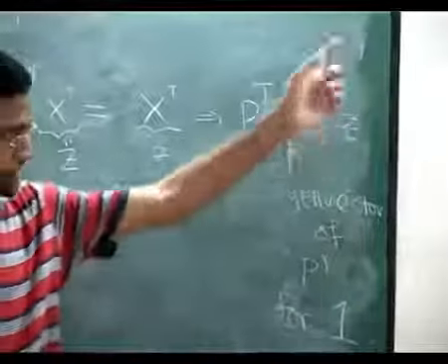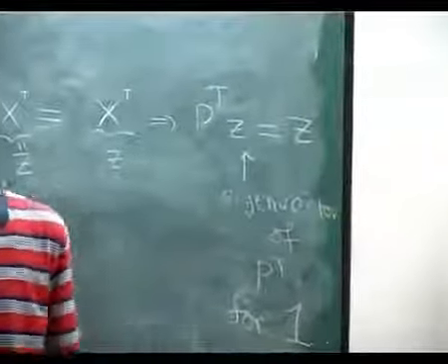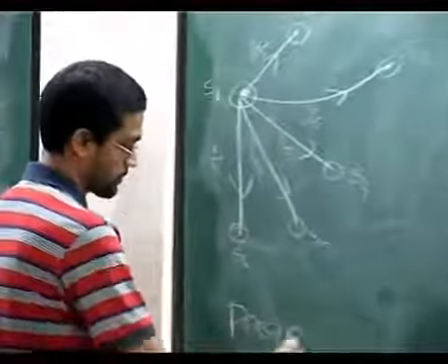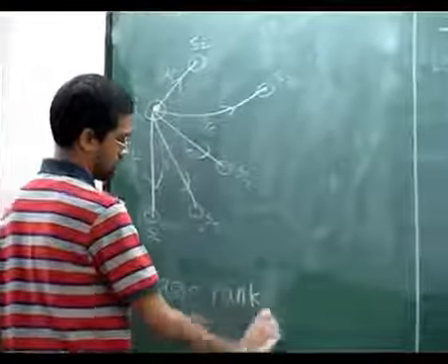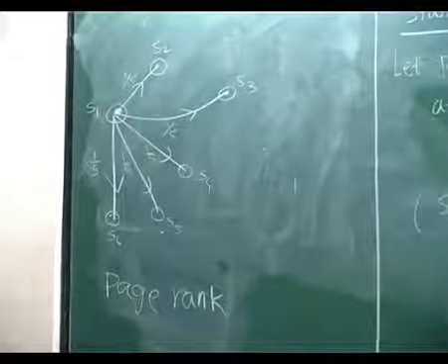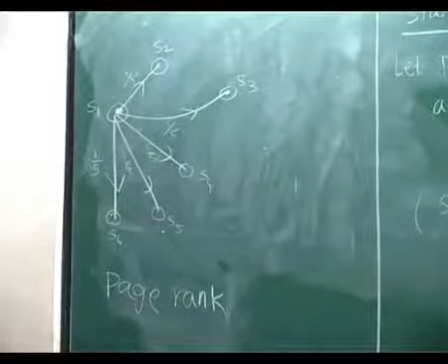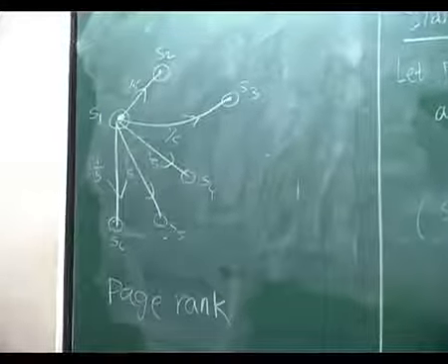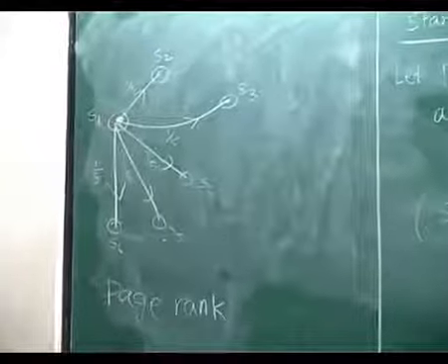Now these numbers that you calculate in this way are what Google, for example, calls the page rank of that website. Each website is assigned this number Si. You calculate this eigenvector and you see what the corresponding number is. That's called the page rank of that website, and it is treated as a measure of the importance of that website.